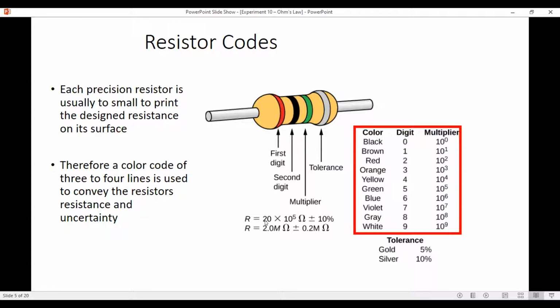So we have 20 times 10 to the 5. And then the last band is what we call the tolerance. That tells us how well the manufacturer guarantees the resistance to be that value. Here it's silver, so they guarantee it to be plus or minus 10%.